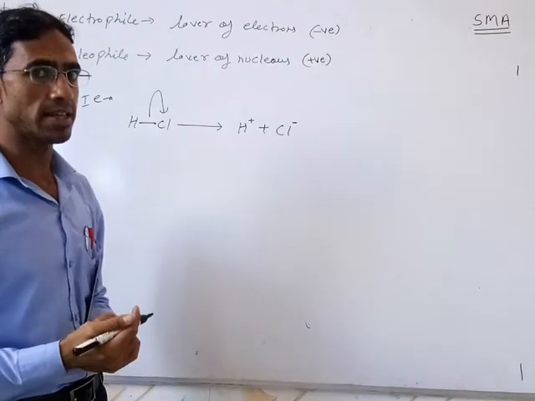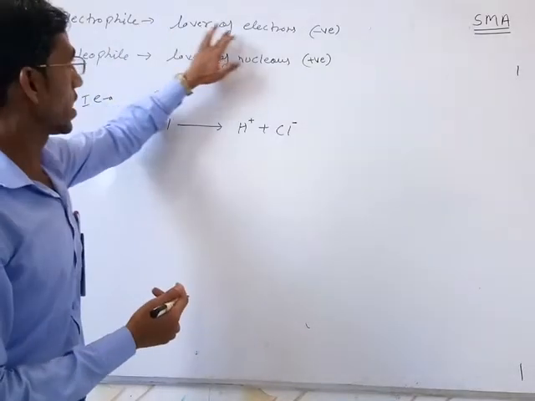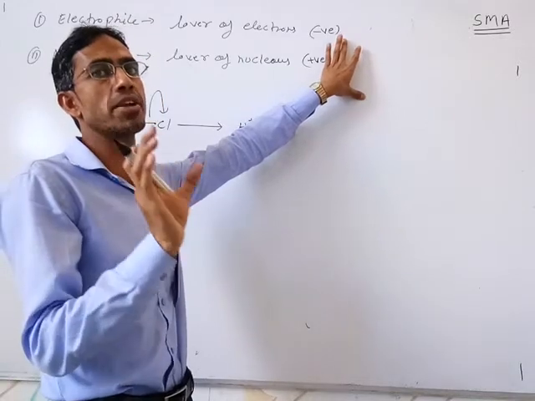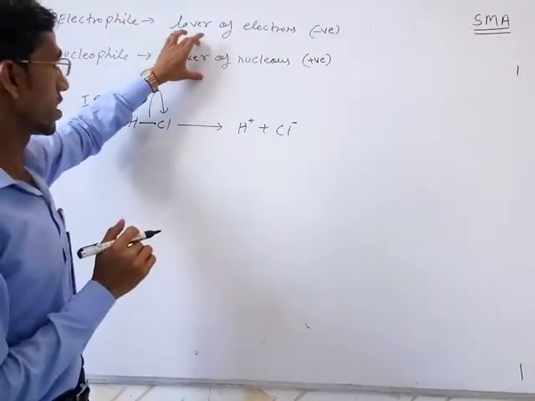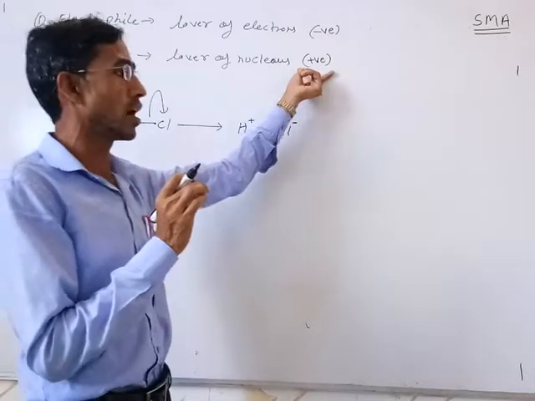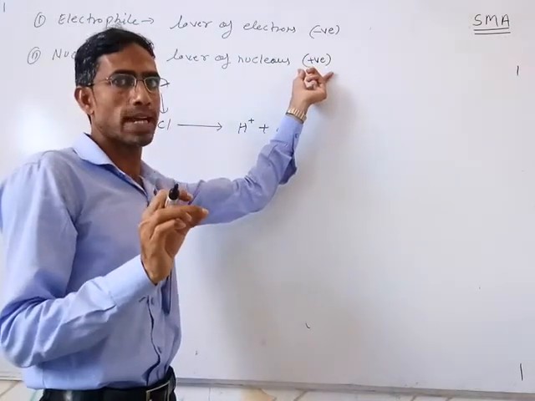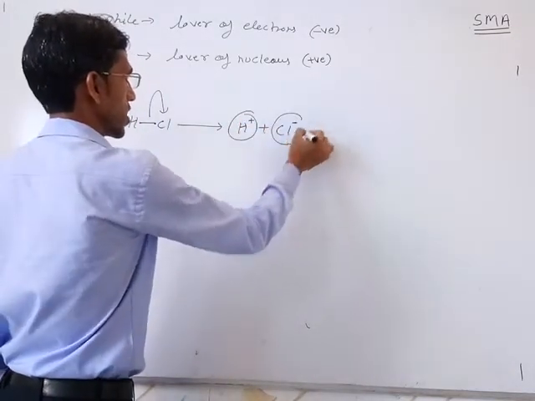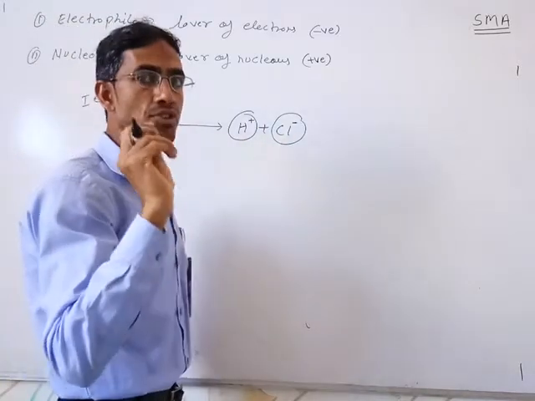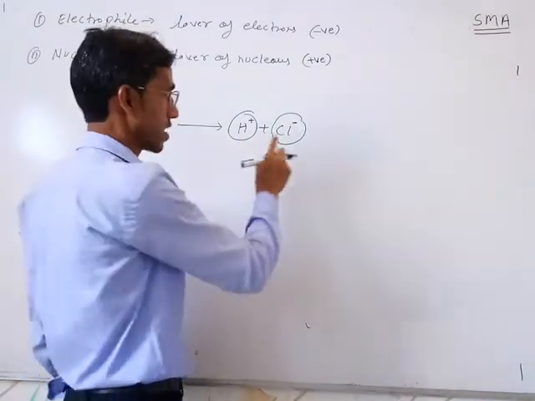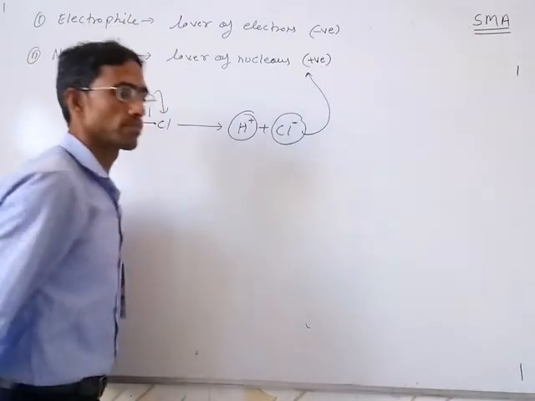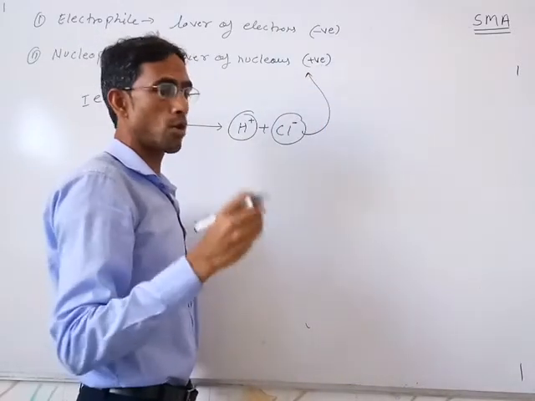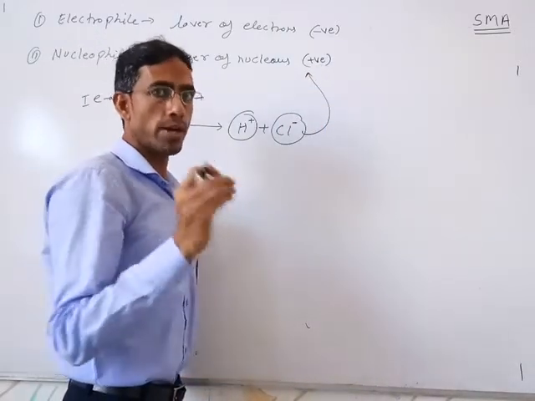An electrophile is a lover of electrons, and a nucleophile attacks those places which are electron deficient. For any elements, these are positive charge and these are negative charge. All negative charge species attack on positive charge because they form a stable product.